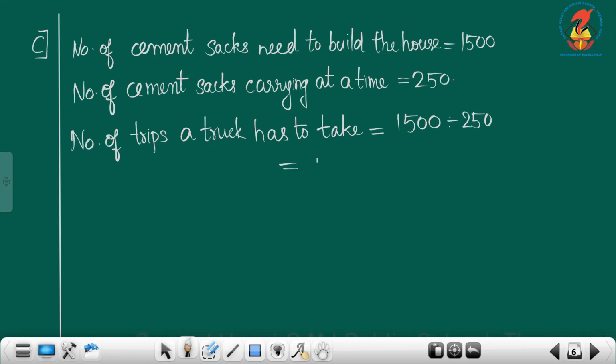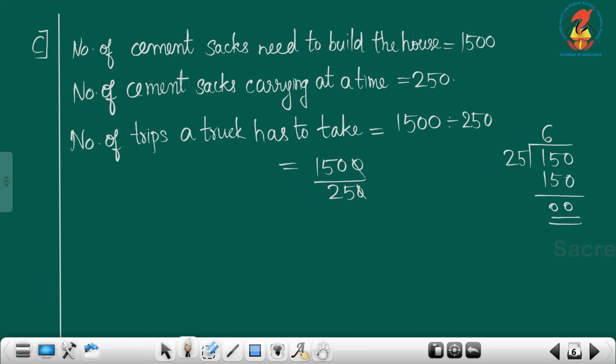So we can write 1500 divided by 250. In the numerator and denominator the zeros, we can cut them. Then 150 divided by 25, it's 6 times. So the answer is 6. Okay, how many times a truck has to travel, that is 6 times. So the number of trips a truck has to take is 6 trips.